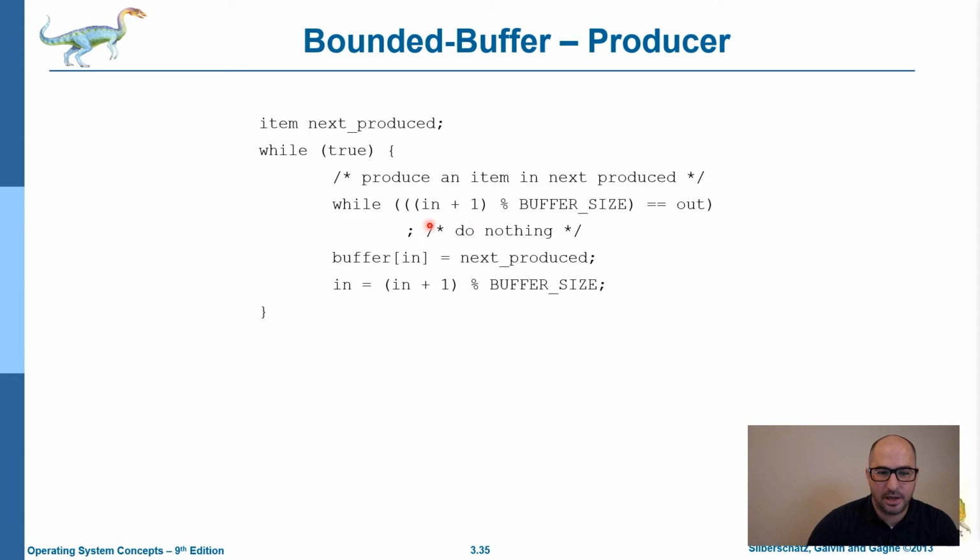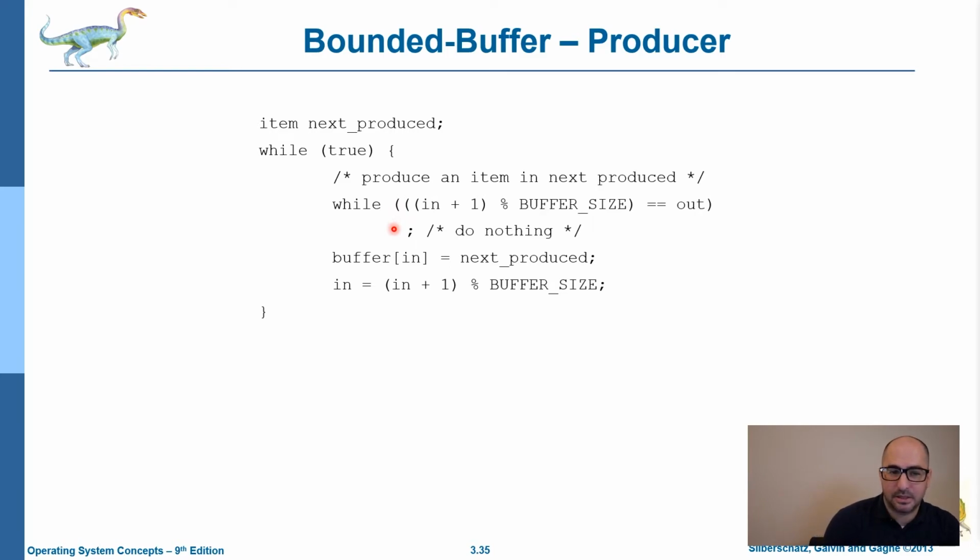It's just spinning, checking whether, if it adds one more item to the buffer, that will equal the end of the buffer. If those are the same, there's no more capacity in the buffer, so it can't do anything, but it keeps checking until this condition is no longer true.